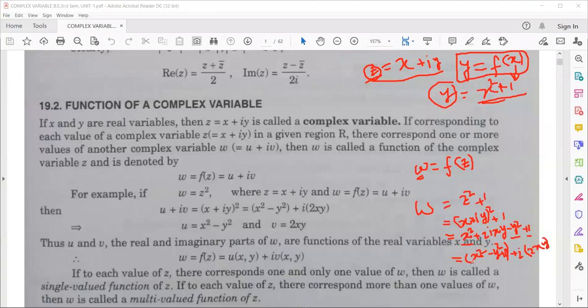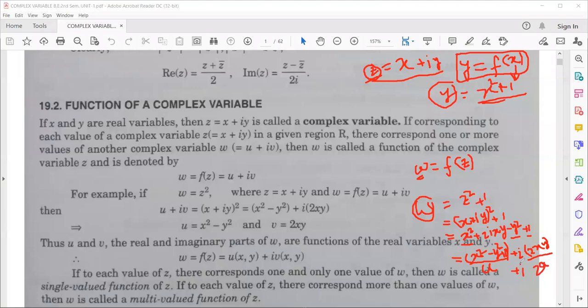Now see, this is the real part and this is the imaginary part. So this w is again in the form of a complex number, u plus iv.